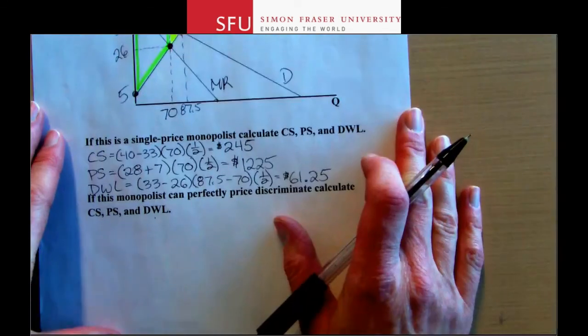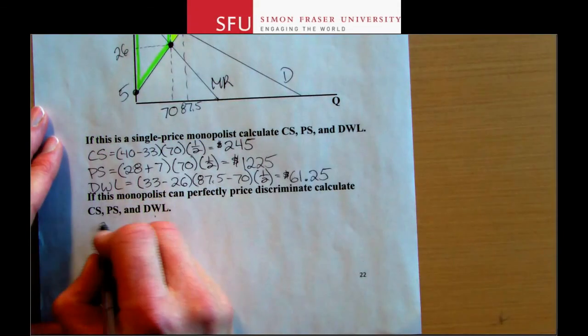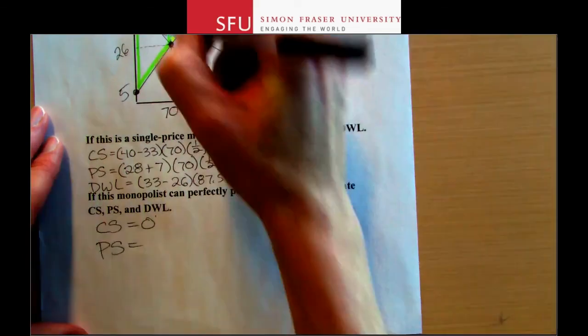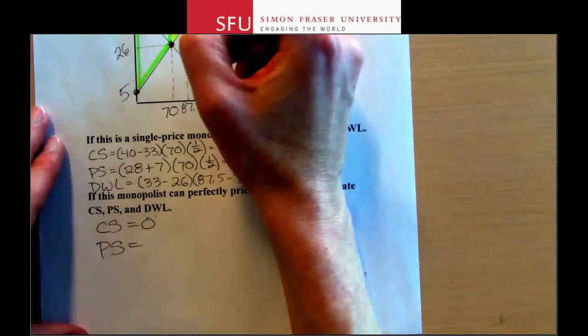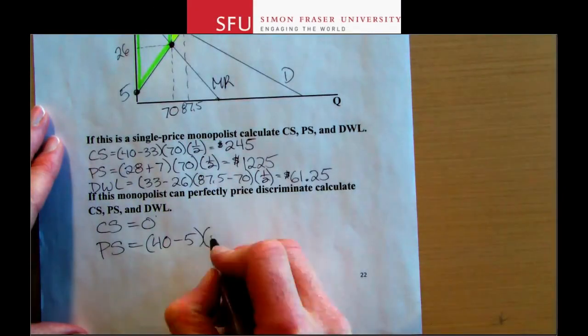The consumers will give them their maximum willingness to pay. So consumers will get nothing. Producers will get the entire surplus triangle. So okay, so 40 minus 5 times 87.5.